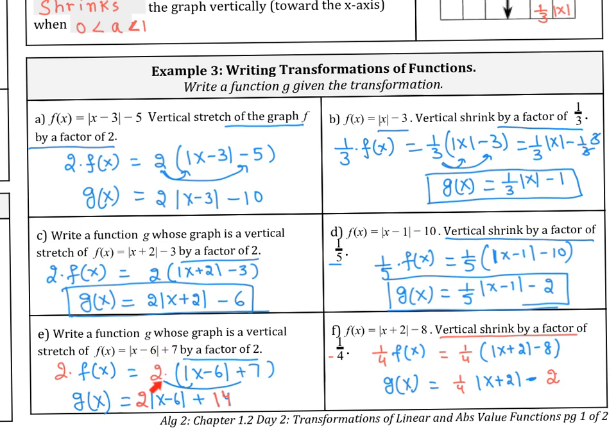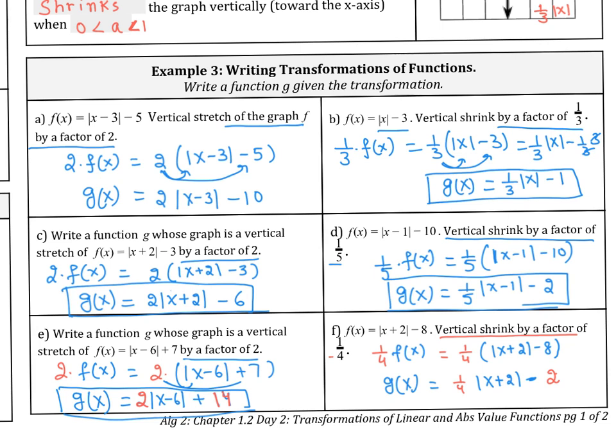So you're going to multiply this 2 inside the bracket, and 2 times absolute value x minus 6 plus 2 times 7, that is going to be 14. So your final answer of vertical stretch by the factor of 2 is g(x) equals 2 times absolute value x minus 6 plus 14. Now for letter F, f(x) is absolute value x plus 2 minus 8.